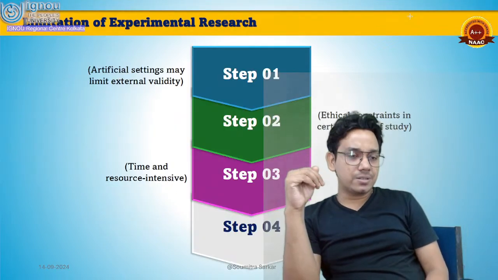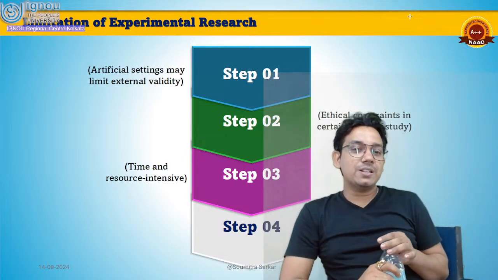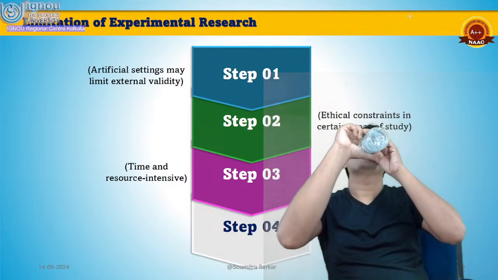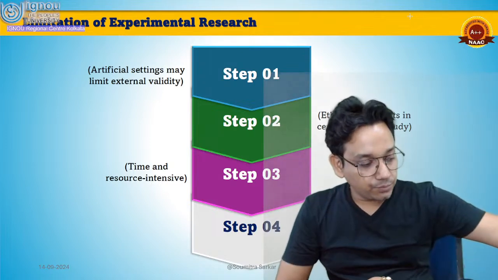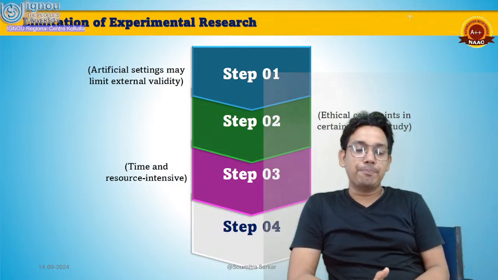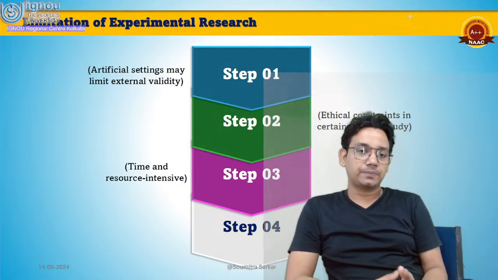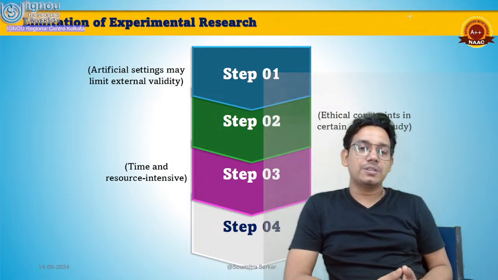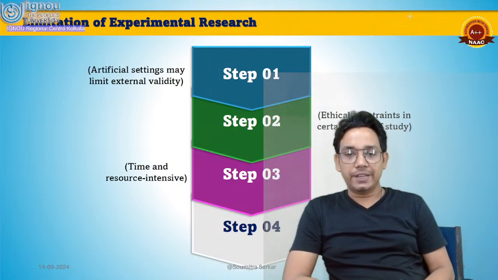Here are the limitations of experimental research. Artificial settings may limit external validity. If you stop the behavior of individuals within a particular social setup and observe it, you cannot measure the emotions, you cannot figure out the essence of human mentality.